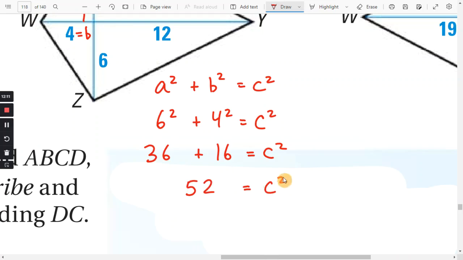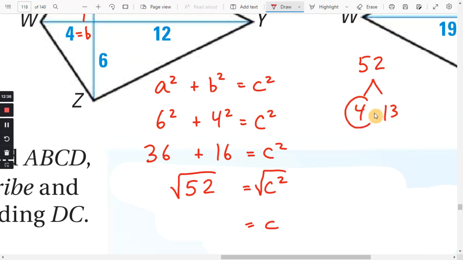Solving for C, the opposite of squared is to take the square root. Square root of C squared is just C. Let's break up the 52. 52 divided by 4 is 13. And I'm going to leave it like that because I already know the square root of 4.